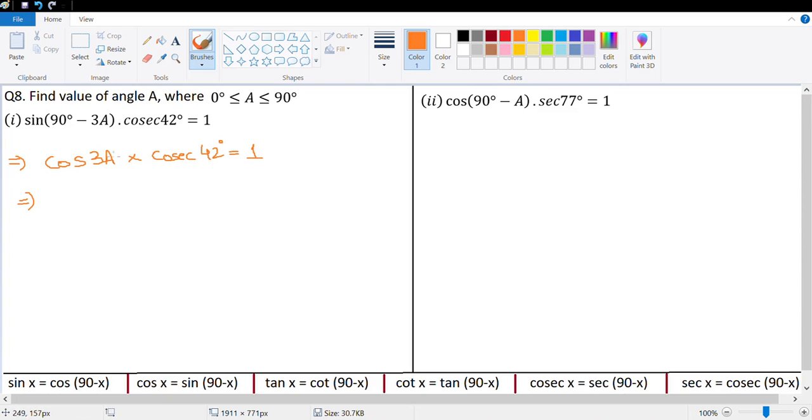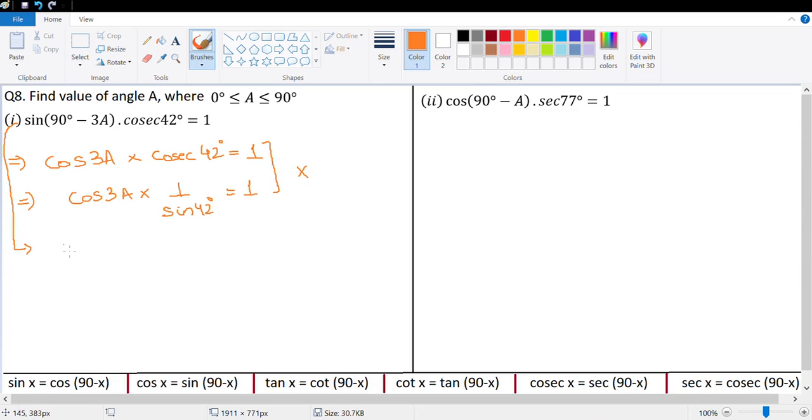So this becomes cos 3A multiplied with 1 upon sine 42 degree. I don't think this is helping me in any way, because then I am left with cos and sine on both sides. So one side is cos, one side is sine. So let me just redo this question. I don't think this is working for me. Let's try this again. Let's not change this.